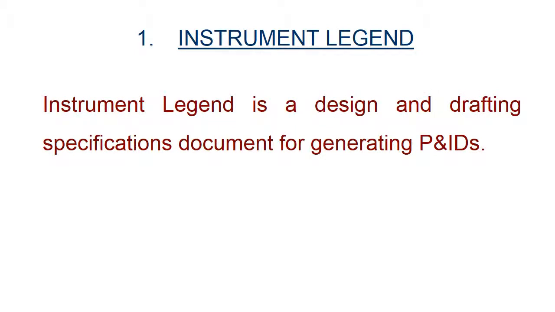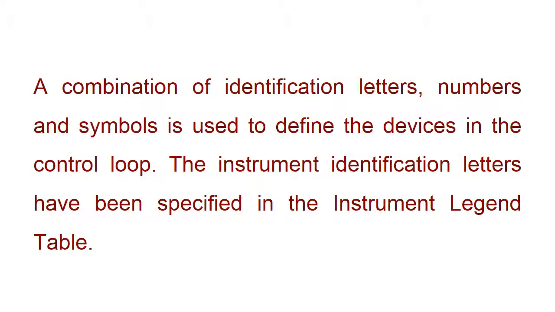Instrument Legend is a design and drafting specifications document for generating P&IDs. A combination of identification letters, numbers, and symbols is used to define the devices in the control loop.